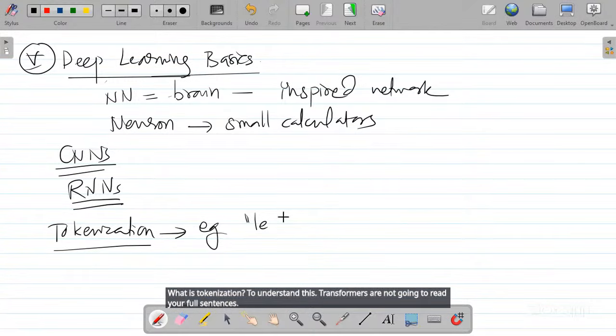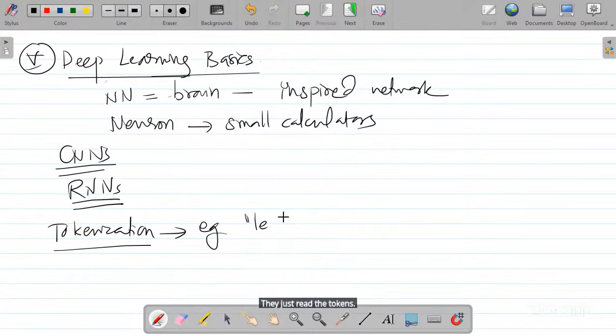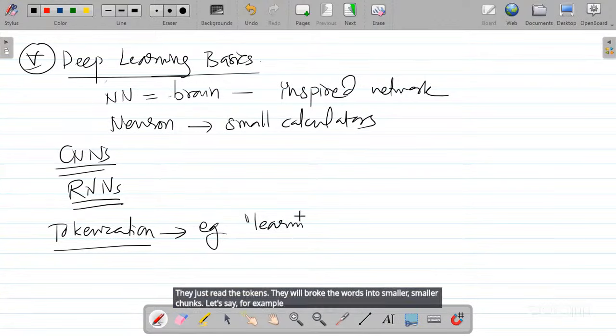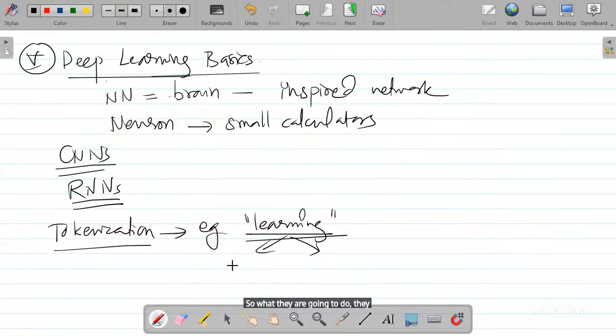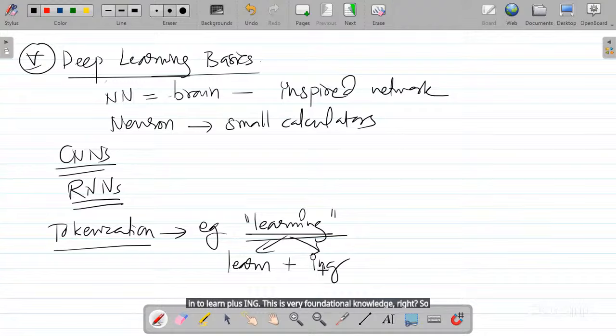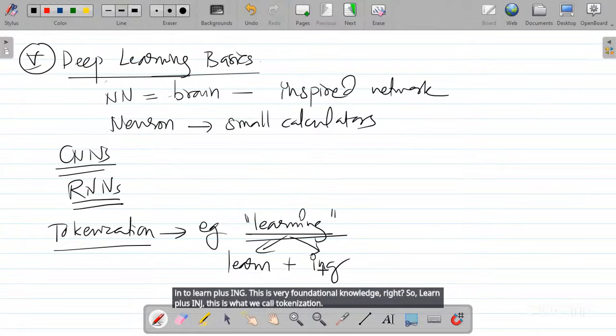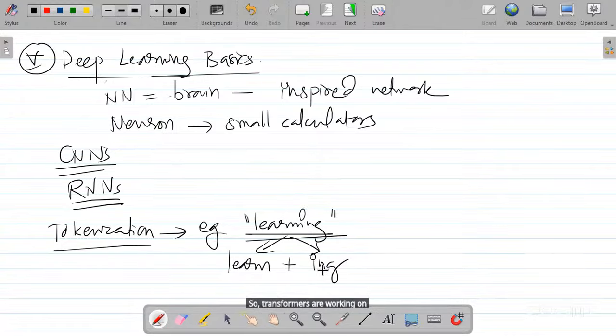They just read the tokens. They will break the words into smaller chunks. Let's say, for example, learning is your word. What they are going to do is break this into learn plus ing. This is very foundational knowledge, right? So learn plus ing, this is what we call tokenization. So transformers are working on this strategy.